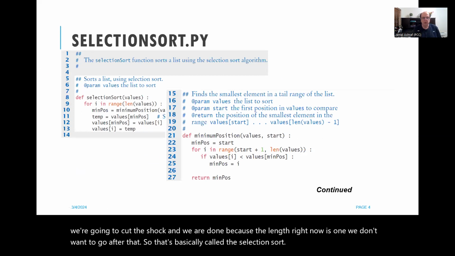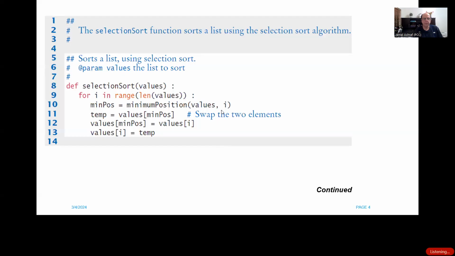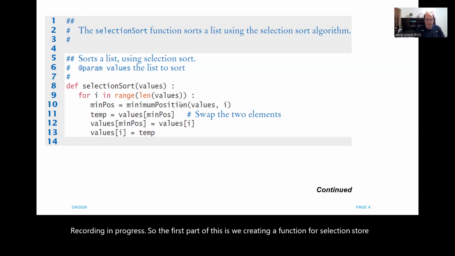So the programming part of it is, the first part, we're creating a function for selection sort. We're going to go through the whole list.